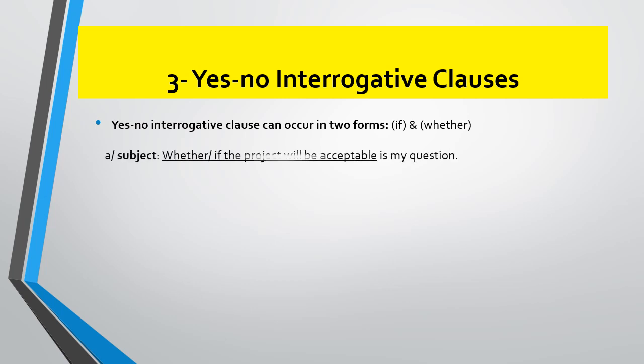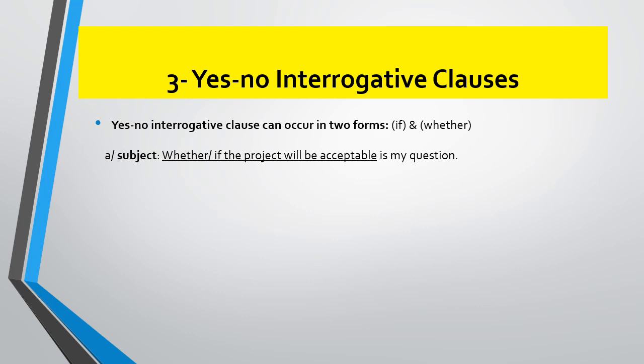It also can function different functions. The first one is that of a subject. Whether or if the project will be acceptable is my question. So the clue here is whether or if.